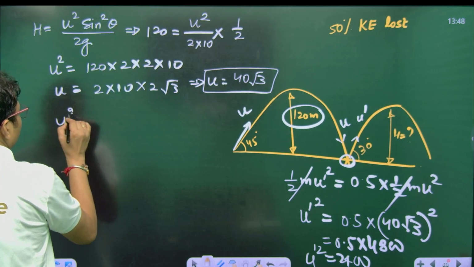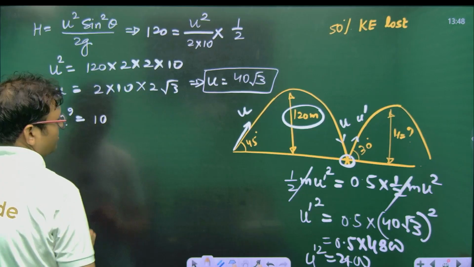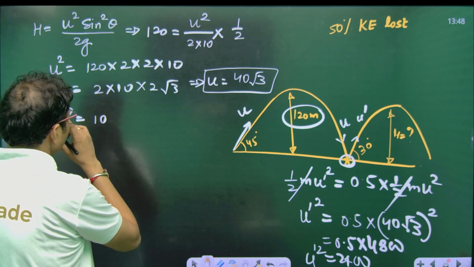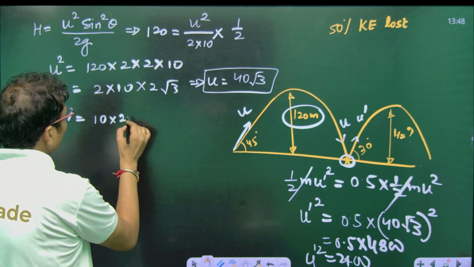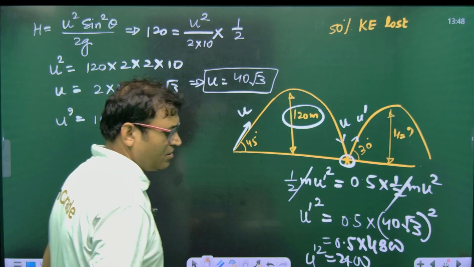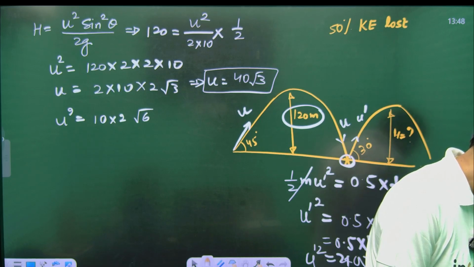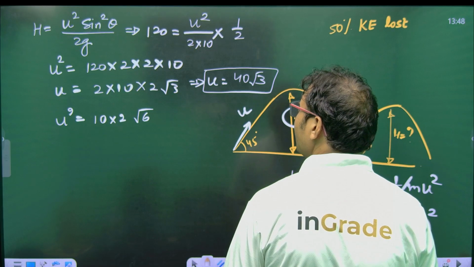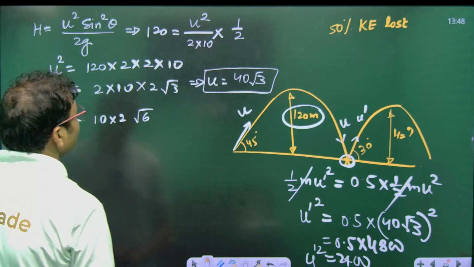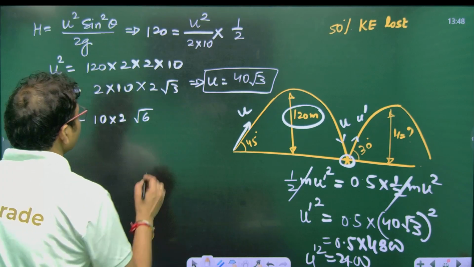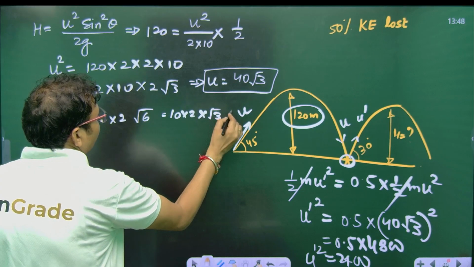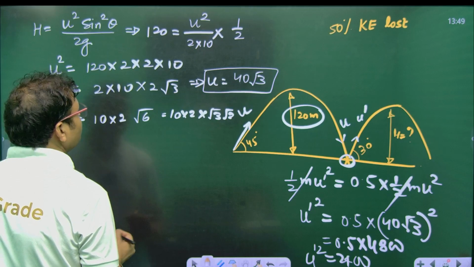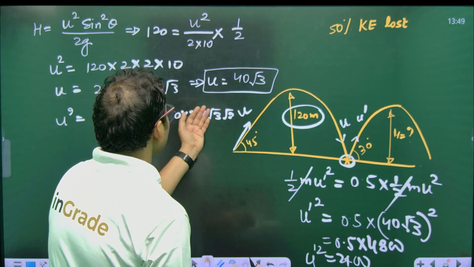So u dash will become 10 into 2 into root 6, or we can call it 10 into 2 into root 3 into root 2. Okay, fine, let me keep it this way.